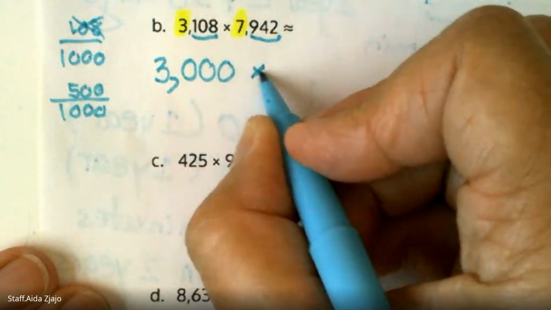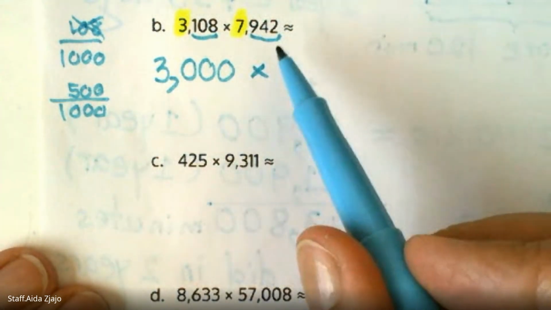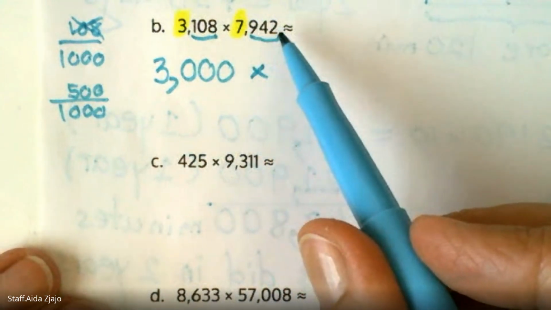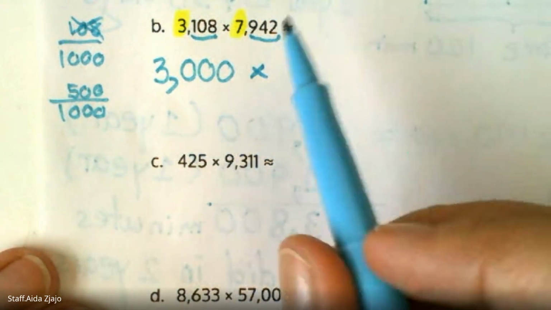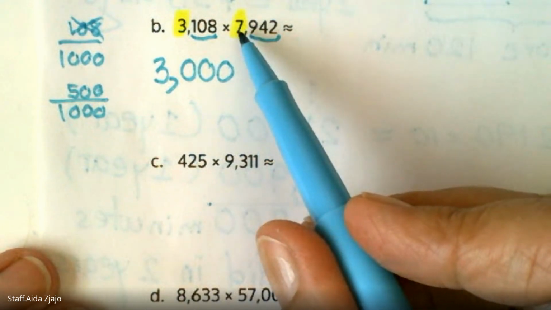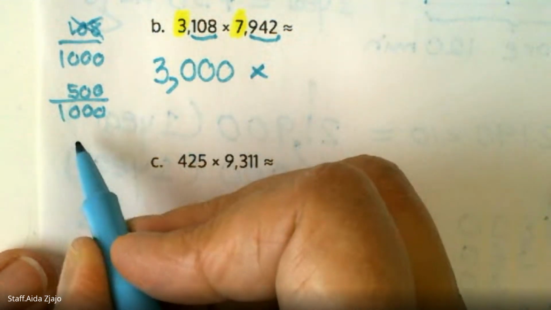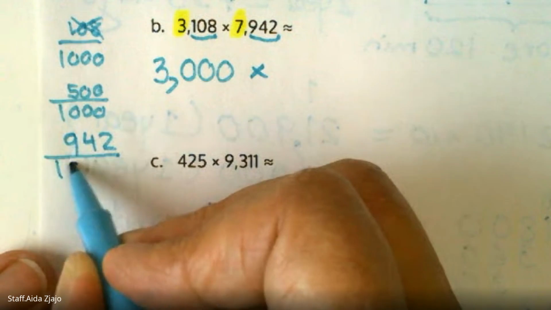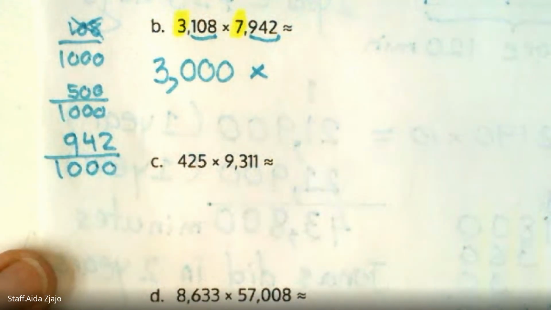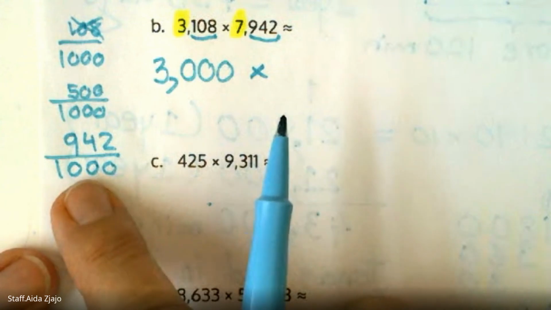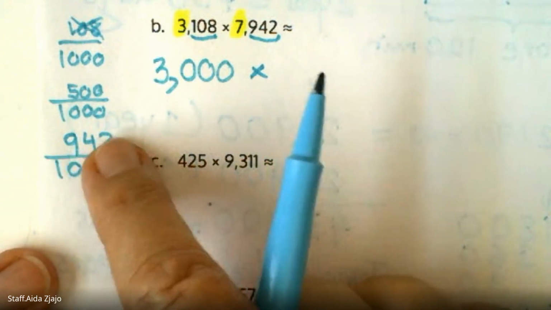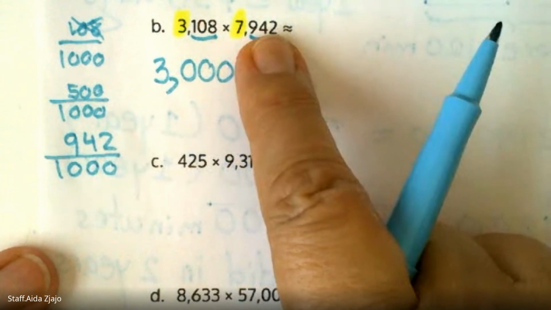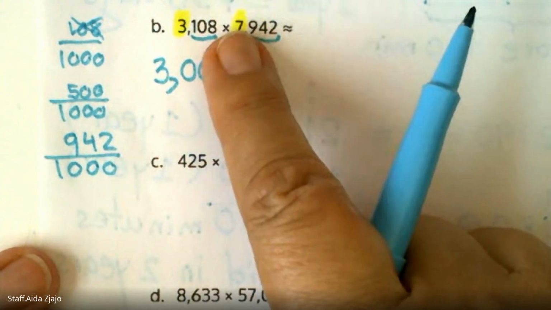But when you look now at 7,942, you need a new 1,000 here, because you have 942 pieces more, so you're very close to 1,000. So you can use these 942 pieces and pretend that you have one more 1,000.